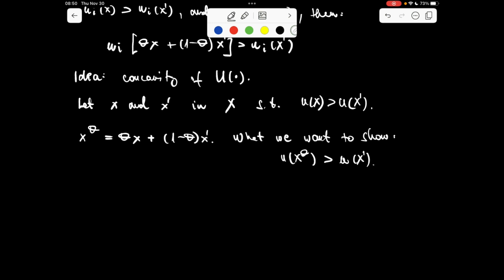In an expanded form, this is what we have. This is the one period utility function.